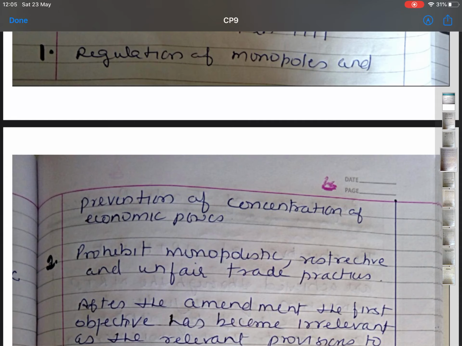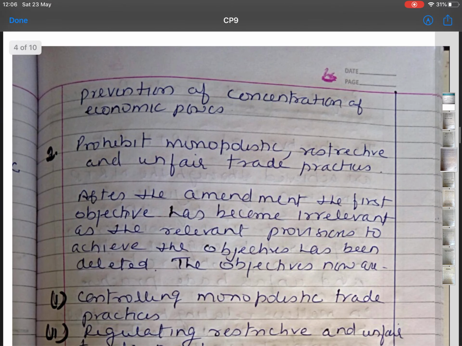But an amendment was made in this Act in 1991. After the amendment, the first objective has become irrelevant, because the relevant provision to achieve the objective has been deleted.